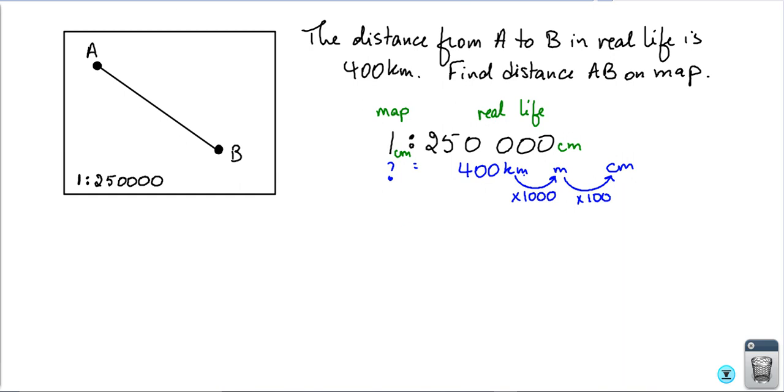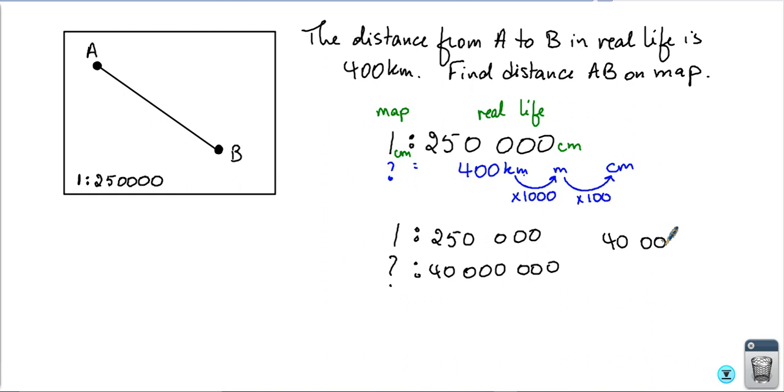I have 1 is to 250,000. How much is to 400 and another 5 zeros? So 40 million is to how much? So it's 40 million divided by 250,000.